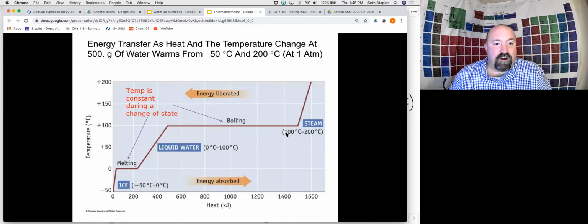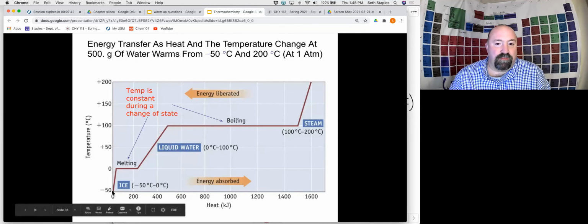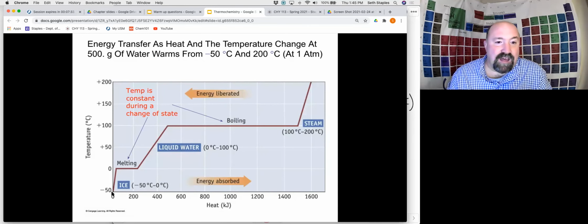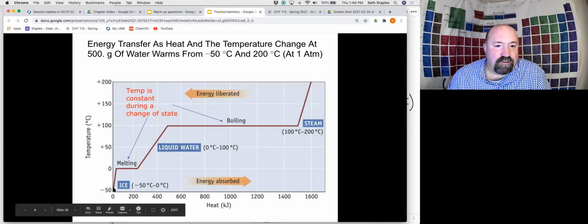So if we have our sample of ice, our sample of solid water, and let's say it's at negative 50 degrees C. We start to warm this up. This water is going to warm up, and the temperature is going to change.